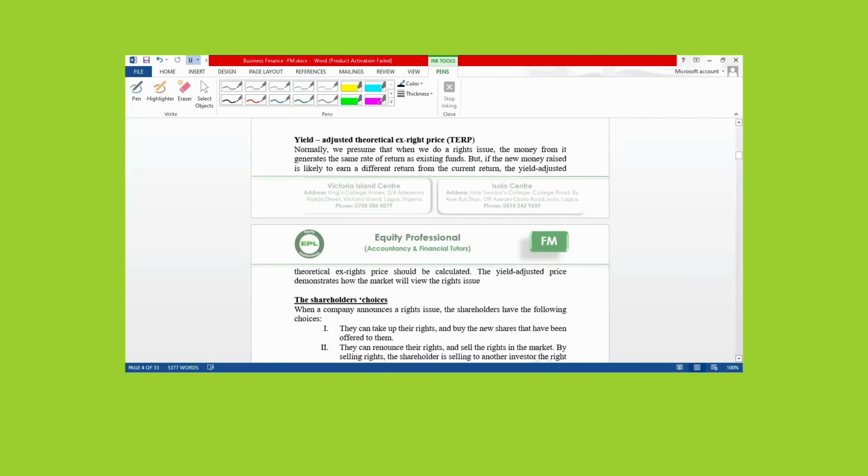Normally, when you calculate theoretical strike price, the assumption is that the new fund will generate the same return as the existing fund.